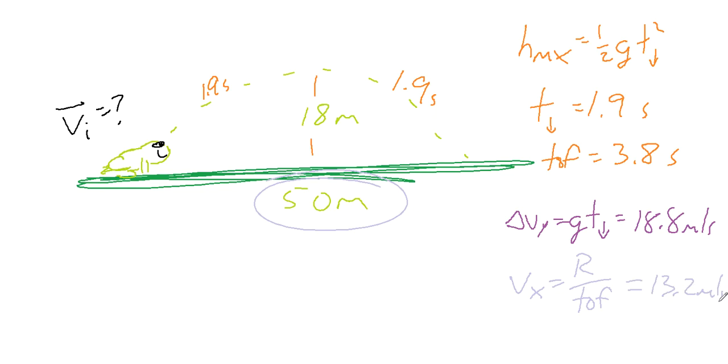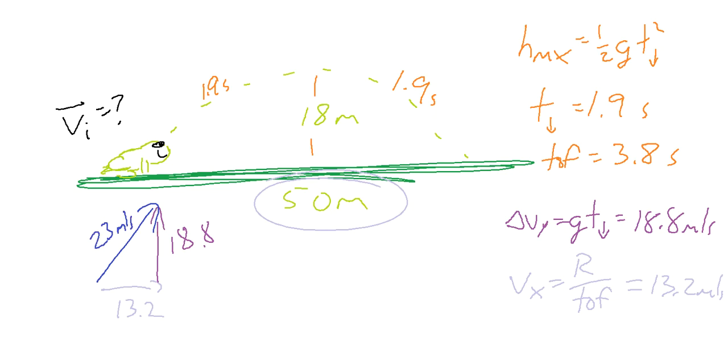Okay, all right, well, I've got my two V's. Now I just got to piece them together. So when I took off, I've got 13.2 sideways and 18.8 going up. I can use those to solve for the takeoff velocity for my froggy and polish it off.